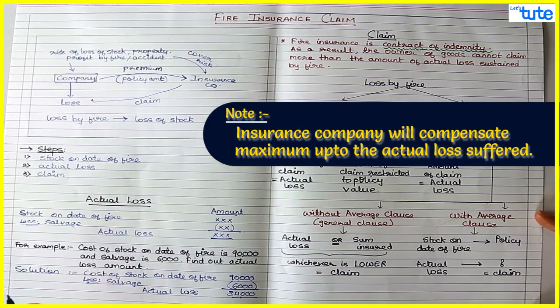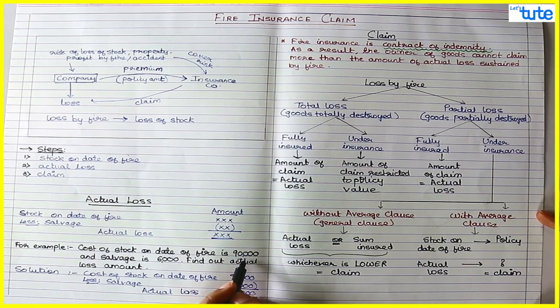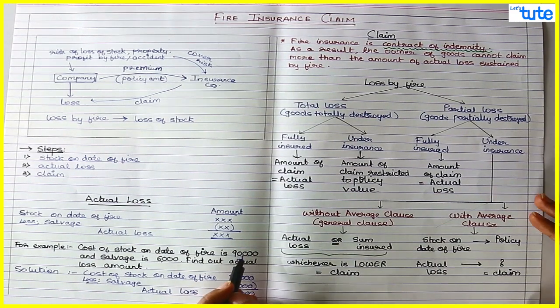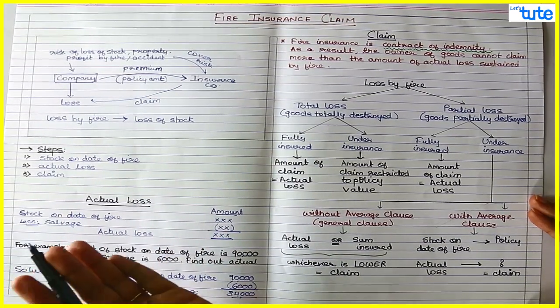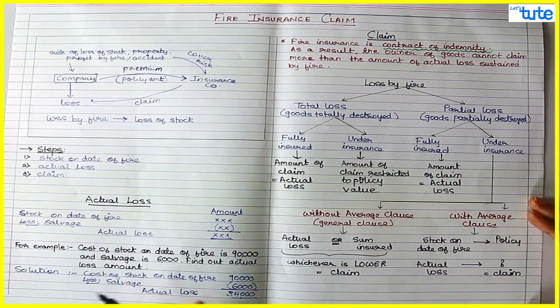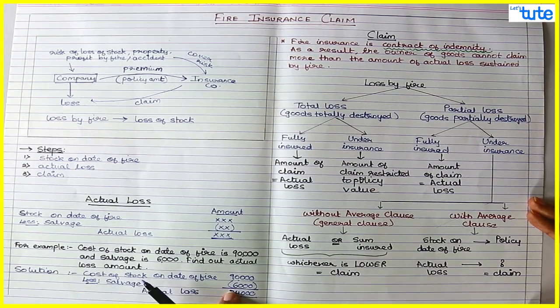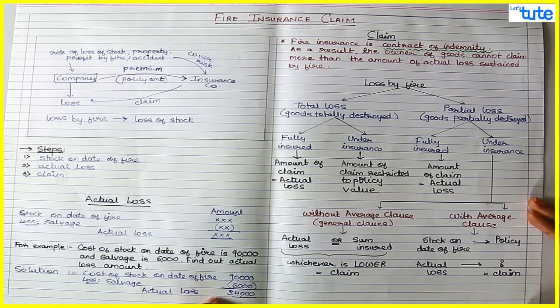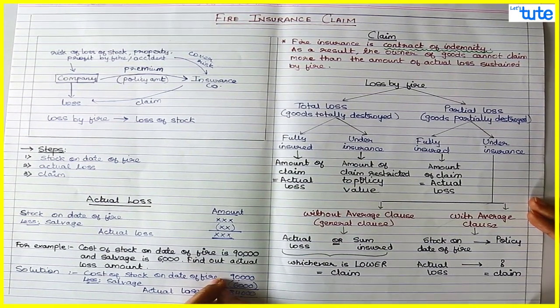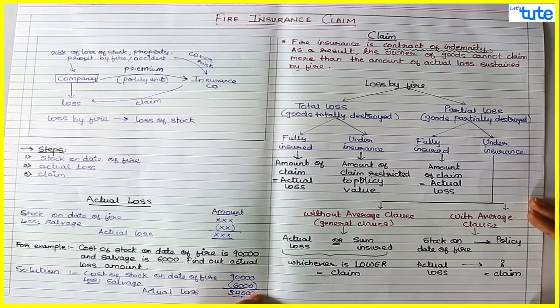So if there was a stock of 90,000 when there was a fire, but the actual stock which was burnt was only 20,000 and we could save 70,000, so salvage was 70,000, then our actual loss would be only 20,000. So the insurance company will compensate us for that 20,000 only. The insurance company will not compensate for 90,000 because our actual loss suffered was only 20,000. In this case, our actual loss suffered is only 84,000.